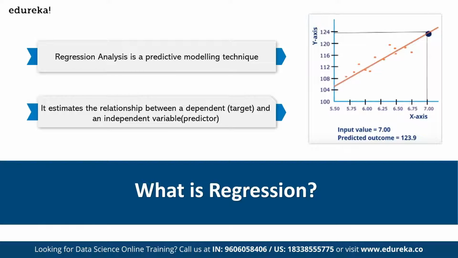Suppose it increases by 100 or 200, the same amount of impact or effect is going to be reflected on your dependent or target variable, or vice versa. If it decreases by some amount, a similar amount of impact is going to be reflected on your target variable. So this is how linear relationships are defined. Or what is a non-linear relationship?